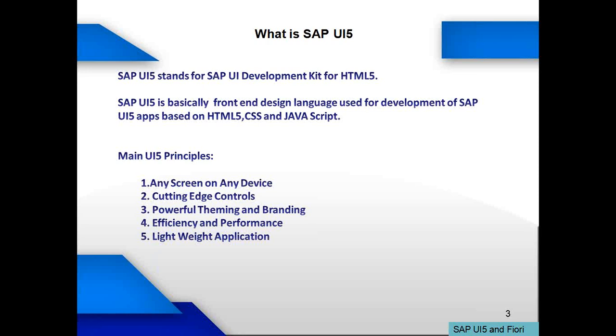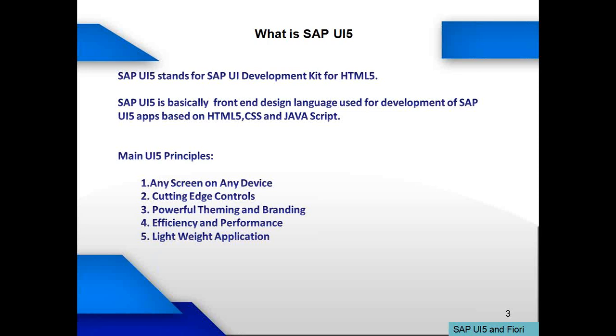HTML5 is the latest browser technology that has a rich set of libraries that render all kinds of media content, it has deep social integration, and it has a rich set of charts. So even today, HTML5 is renowned for its rich user experience.